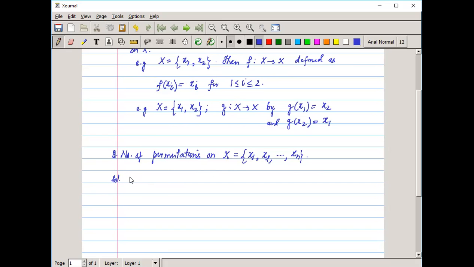Now if f is any bijection, or we shall use the term permutation, if f is any permutation on X, then f sends distinct elements of X to distinct elements.